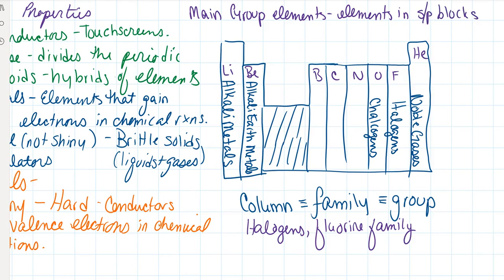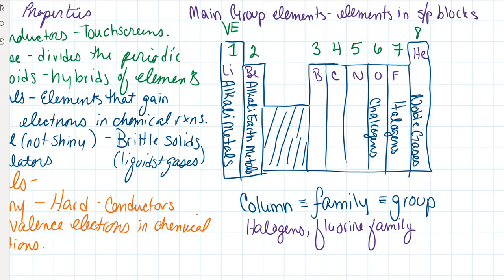When we take a look at the number of valence electrons, I'm going to draw these out in a green color. We'll see that there's 1 in the lithium family, 2 in beryllium, 3 in boron, 4 in carbon, working all the way across to have our different number of valence electrons.